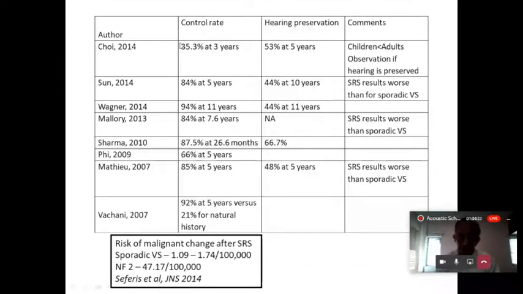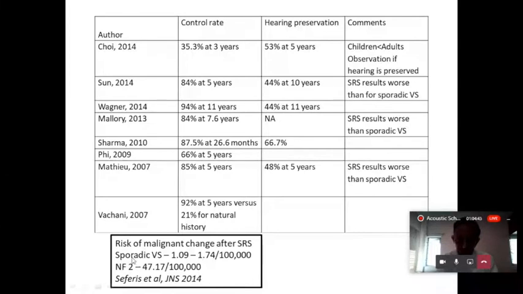Of course, it's really bad in this series, but most report around 80 to 90%. So generally, results of radiosurgery are worse in patients with bilateral vestibular schwannomas compared to sporadic vestibular schwannoma. Again, one more point to be noted is that the risk of malignant change after radiosurgery seems to be slightly higher in patients with neurofibromatosis type 2.